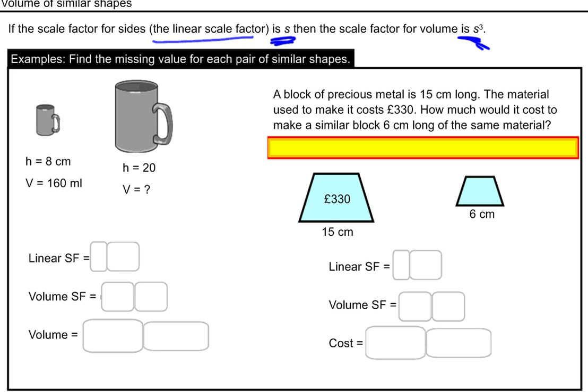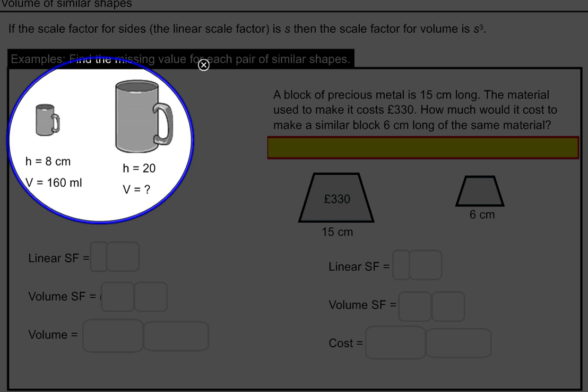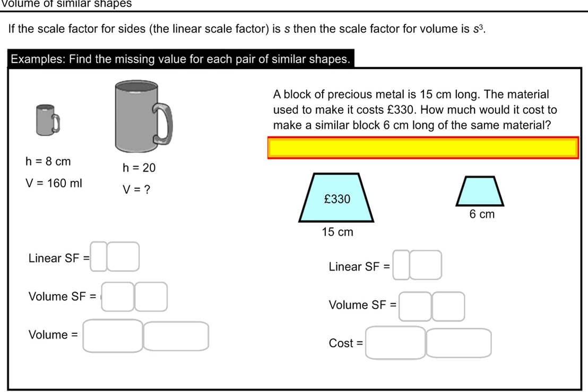So find the missing value for each pair of similar shapes. So looking at these mugs here, I know the height of the first one is 8. I know the height of the second one is 12 centimetres, putting in my units, and I need to find the volume of the larger one. So I find my linear scale factor by comparing my corresponding dimensions.